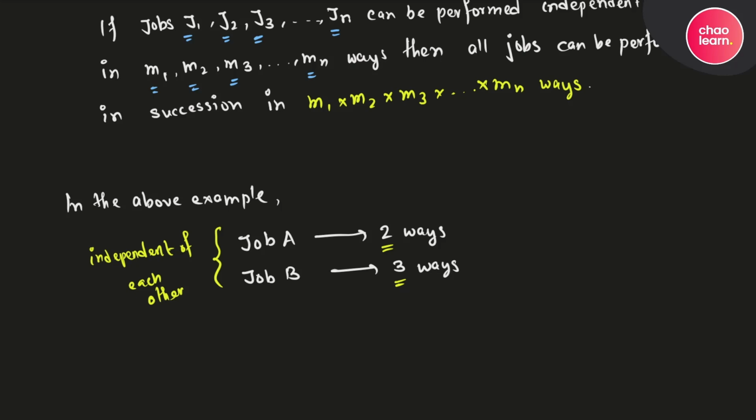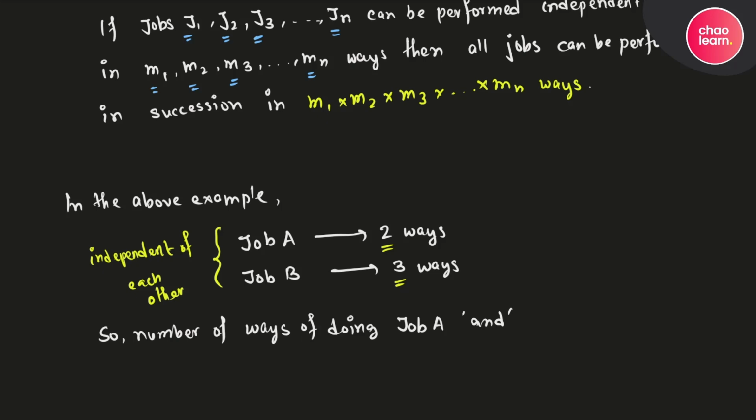So the number of ways of doing job A and job B. Since we are doing both the jobs, right?